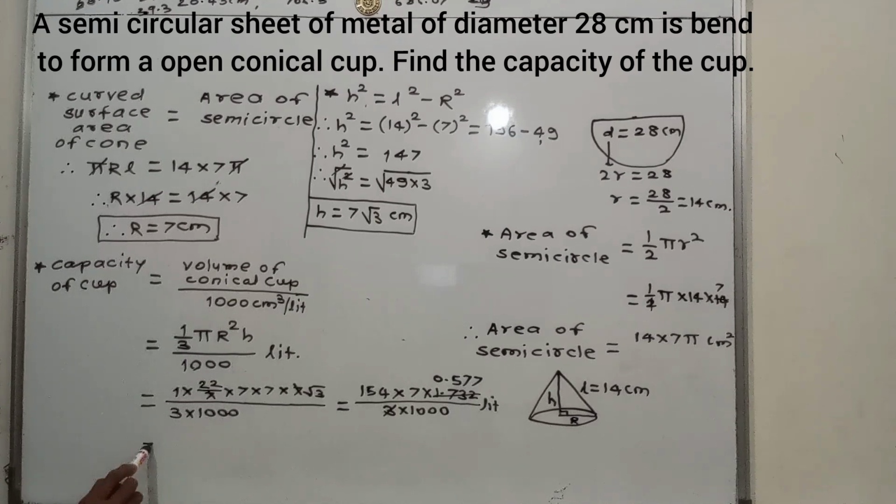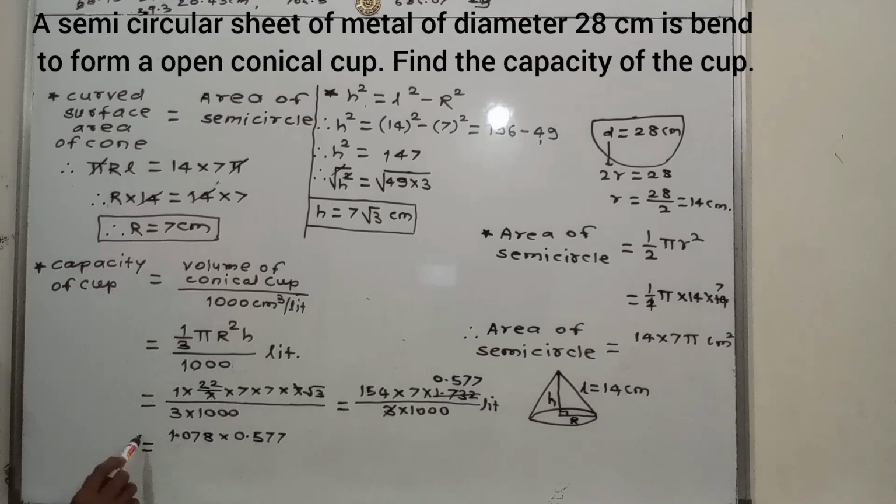Therefore the product of all these, 7 4s are 28, then 2 7s, 35, and so on, and we give here 3 decimal places, into 0.577.